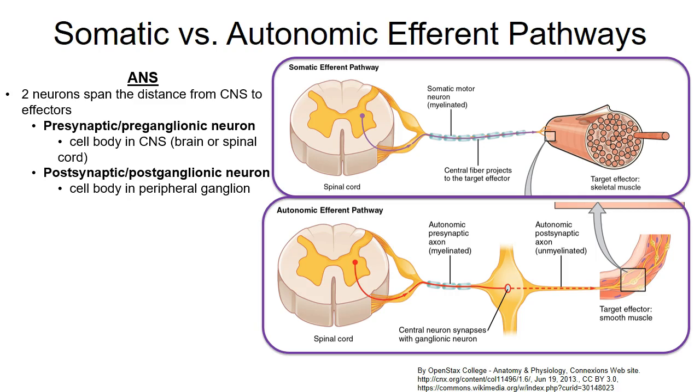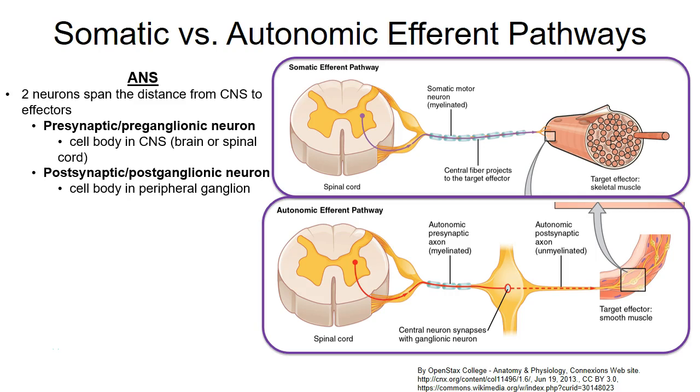Everybody with me on that terminology? So here the ganglion in the autonomic nervous system is just a collection of where we have synapsing going on, where information is going to be passed from a presynaptic neuron to a postsynaptic neuron, preganglionic to postganglionic.